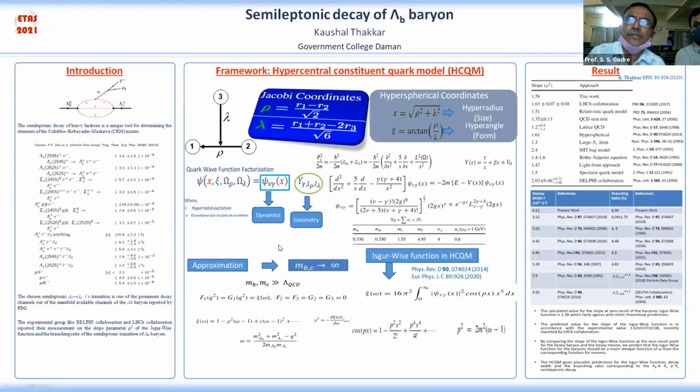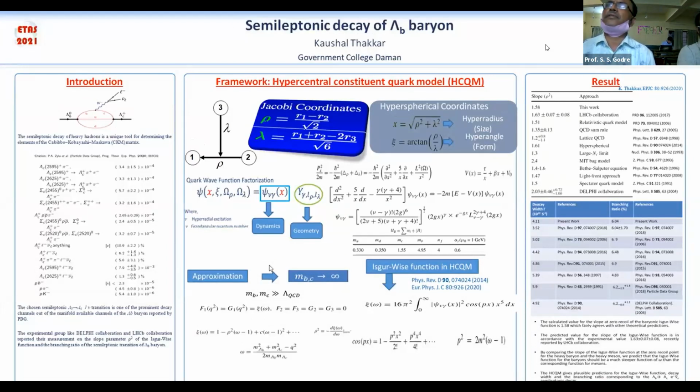The hypercentral approach has been applied to solve bound state and scattering problems in many different fields. The two relative coordinates, rho and lambda, indicated here, are rewritten into a single 6-dimensional vector, which is known as the hyperradius x.